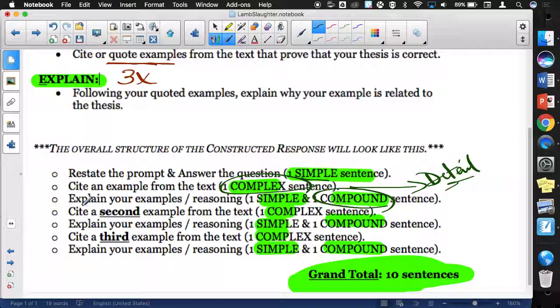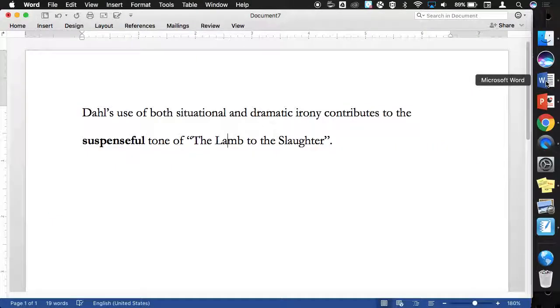So we could pretty much go with any of these examples, and it's most likely going to work for us. Rarely is it going to be one specific example that you have to use. What would be a good way to start the sentence, since it's going to be my first example? I don't want to use first just because I don't like numbers. I'm an English teacher. What could I use instead of first?